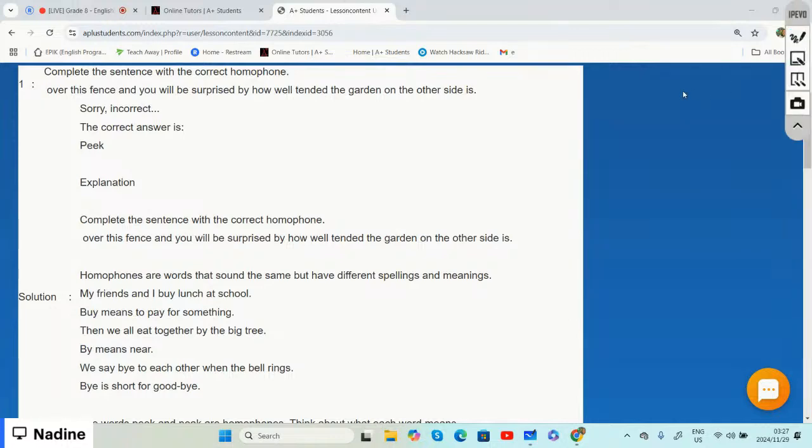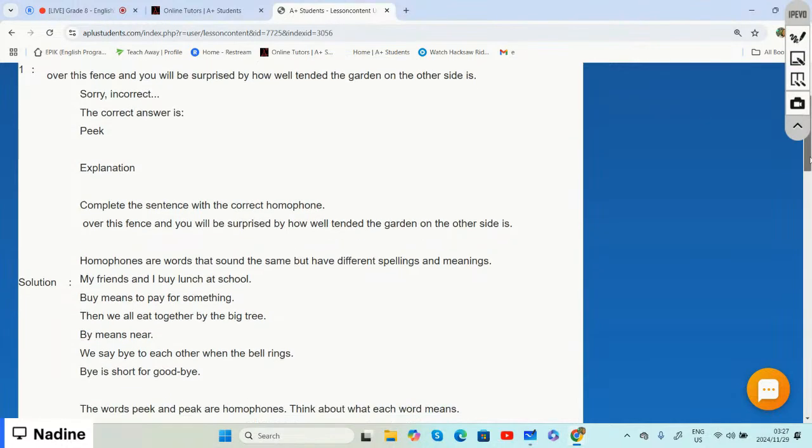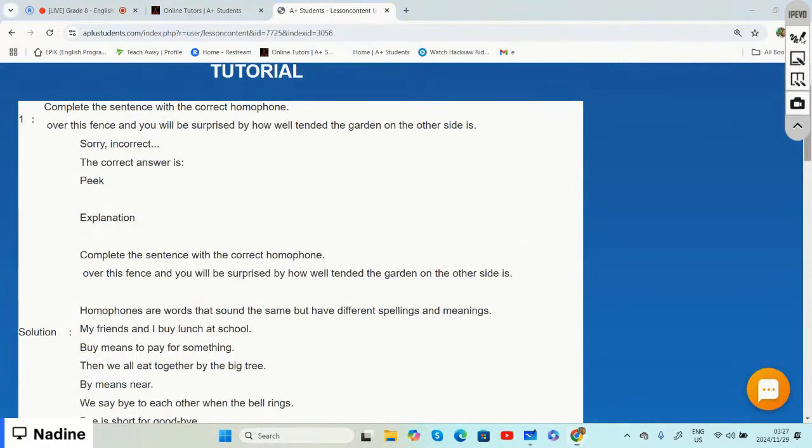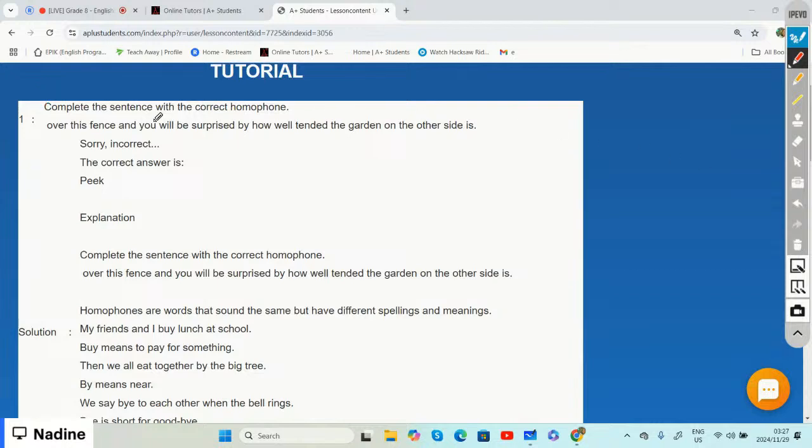I'm going to give you the two words. Do we say peek over the fence or pique over the fence? Which one is correct?